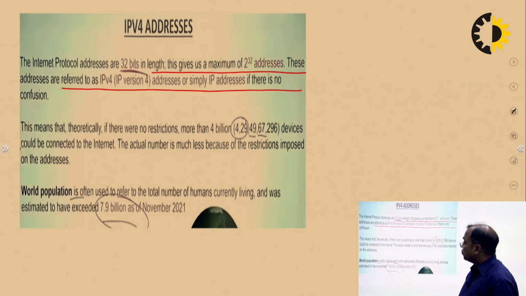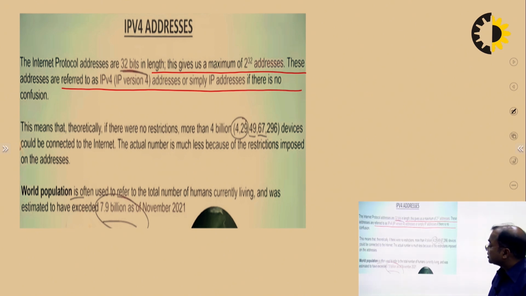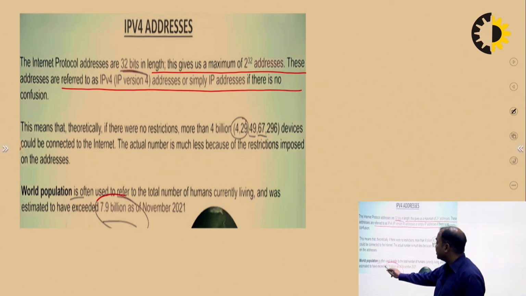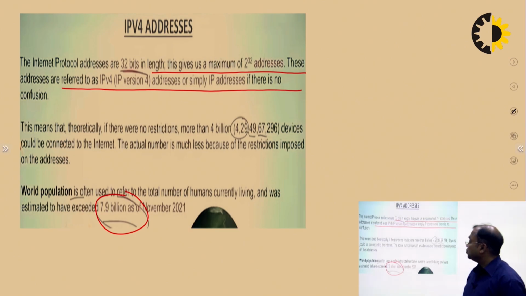The world population, the total number of humans currently living, was estimated at 7.9 billion around 2021. So this is not sufficient to give IP addresses to this many people's devices, in IoT and all.